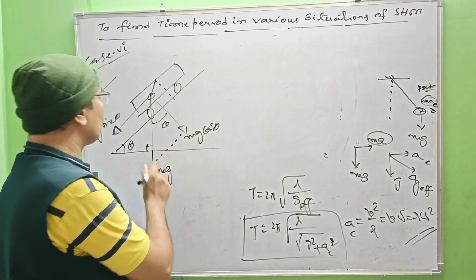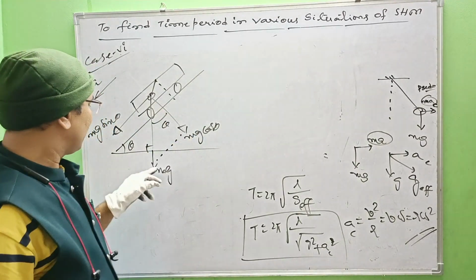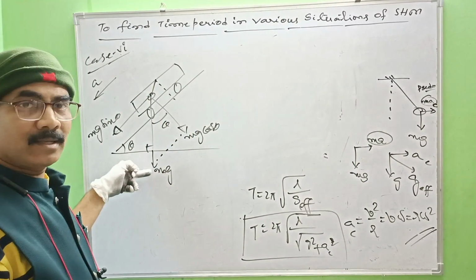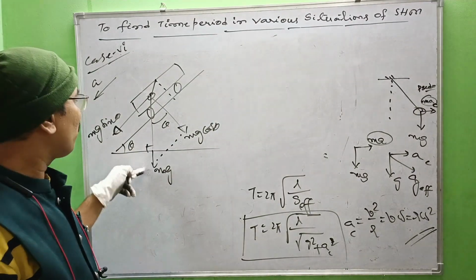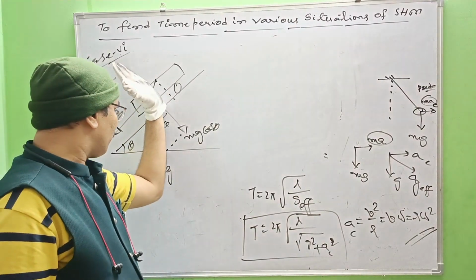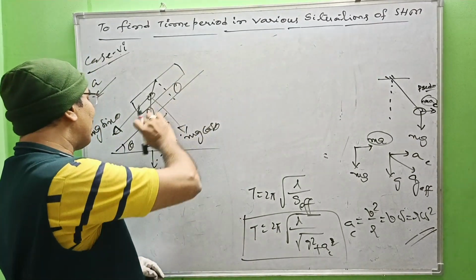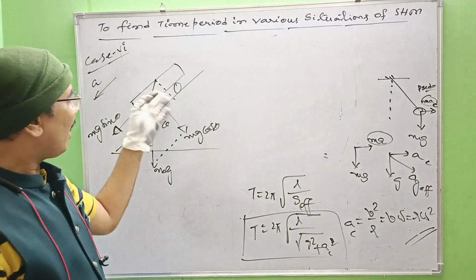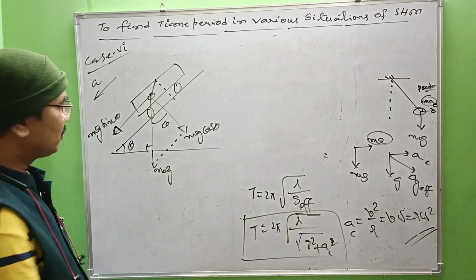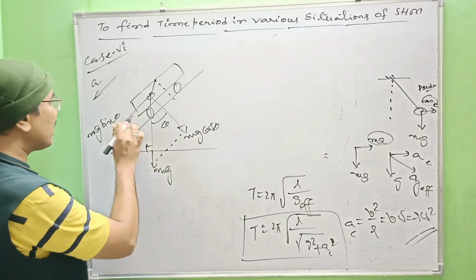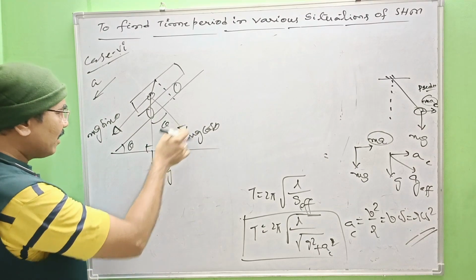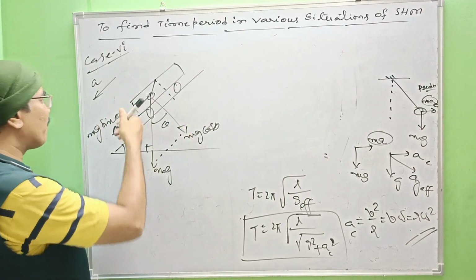If I close this side like this, this becomes adjacent. If mg is along the hypotenuse, then along the adjacent it becomes mg cos theta, because cos theta equals adjacent side by hypotenuse, which implies the adjacent side is mg cos theta. This is the opposite side, and these two sides are one and the same. So definitely this will be mg sin theta, which is represented here.